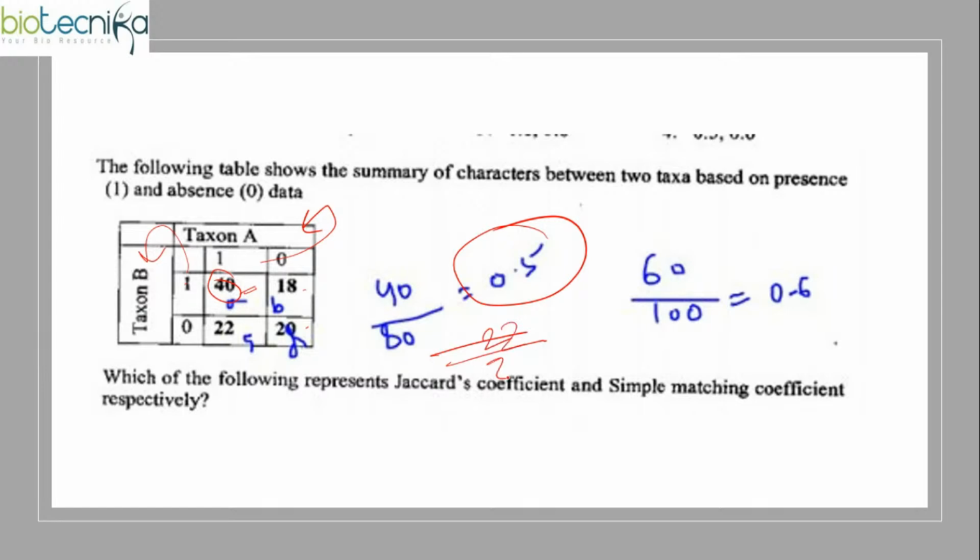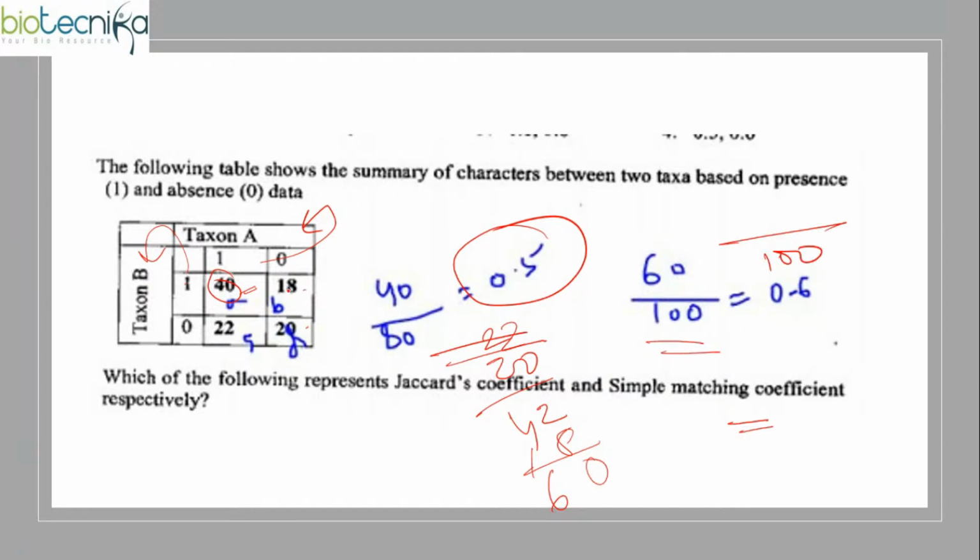That is 22 plus 20, and now 10, it's 60 here. So 60 is the total one. So we have to go back and calculate it. When it is for simple matching coefficient, we have to take the base unit as 100 always, students. And I told you it's the similarity.